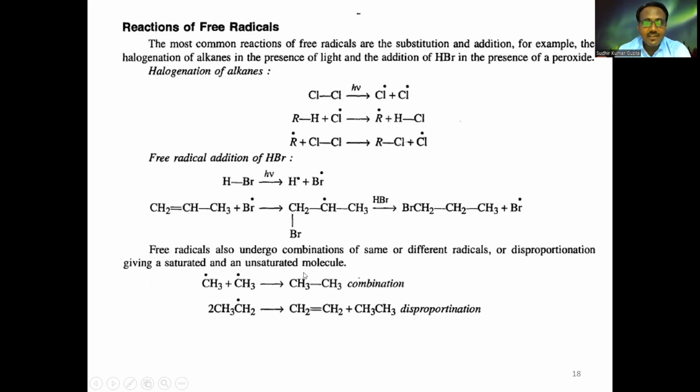Now that can neutralize itself in two ways, either by combination of two free radicals or by disproportionation, where a double bond is formed in one species and the two CH3 groups attach by a single bond.